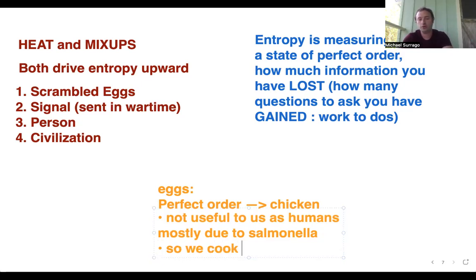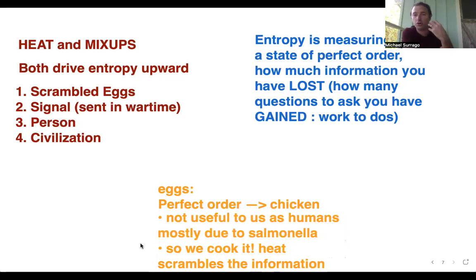So we cook it. The heat scrambles the information. So all of that functional information in the yolk and in the albumin of the egg, including the DNA material, which is invisible to the naked eye within the egg, unless maybe you see a fertilized egg, right?